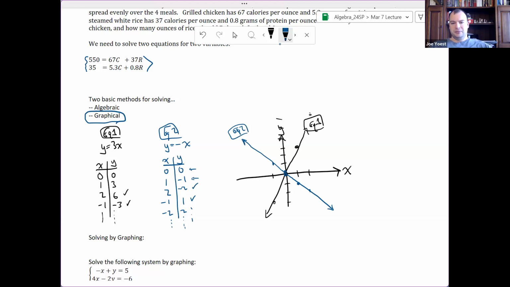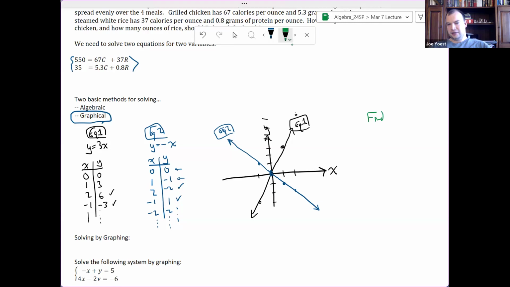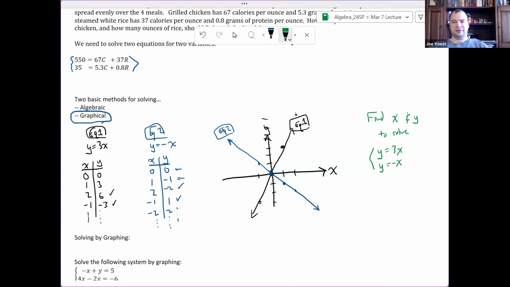So now what if I changed my question around a little bit? And I said, find x and y to simultaneously solve these two equations, y equals 3x and y equals negative x.